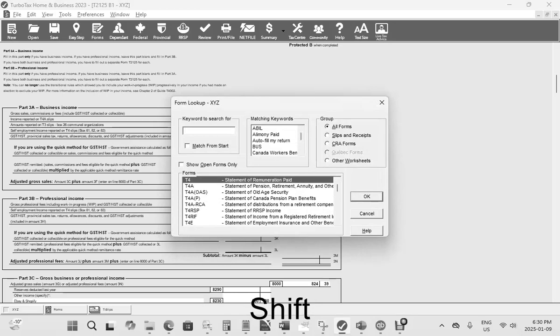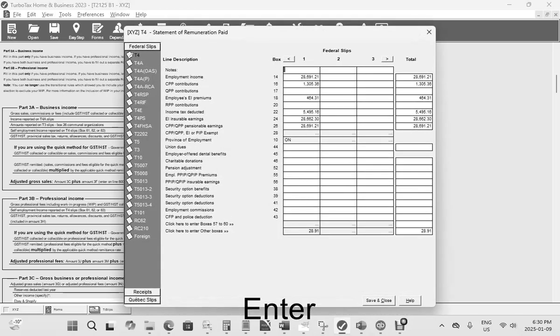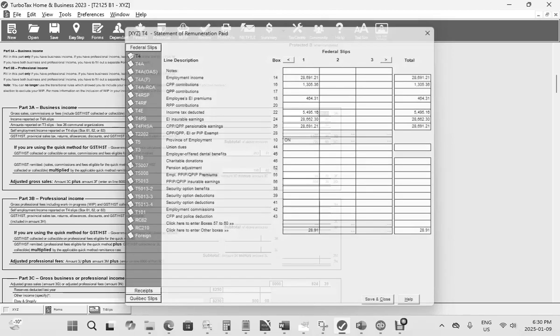The T4 will stay the same, code 14, code 16, all the deductions along with your employment income will stay the same. All the other T slips and all the other information on this tax return will stay the same. The only part that will change is the part on your T2125, starting with part 3A.